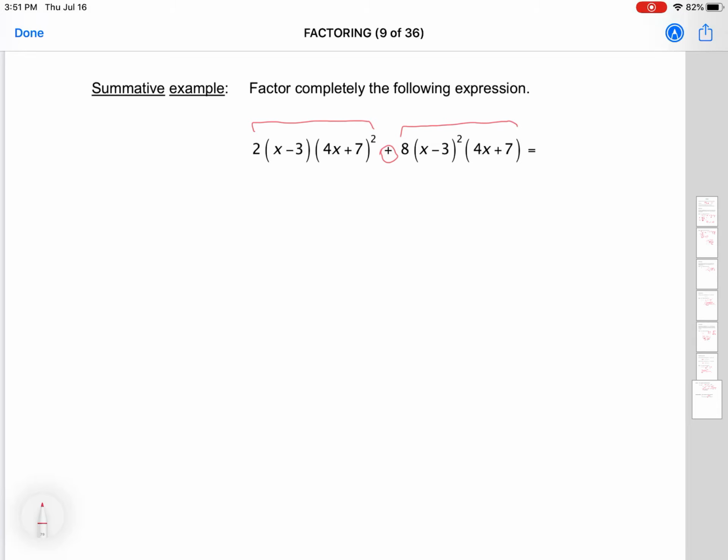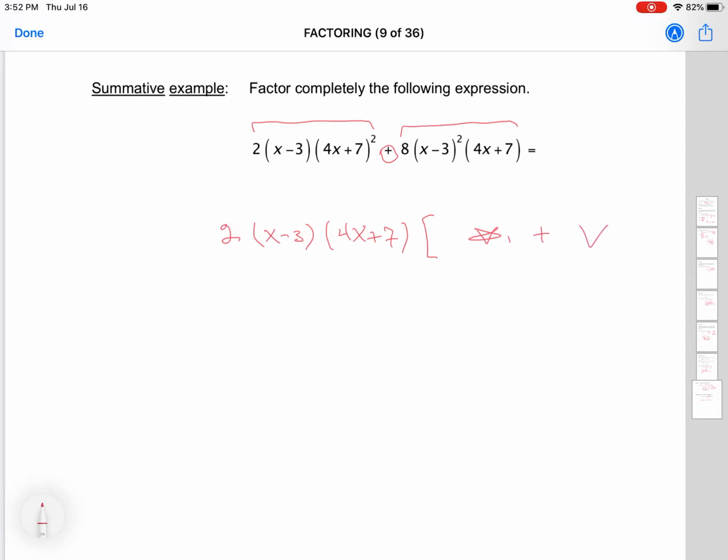What we want to do on this is simple factoring. So what's common to 2 and 8? 2. What's common to x minus 3 and (x minus 3) squared? x minus 3. And what's common to (4x plus 7) squared and 4x plus 7? Always choose the smallest exponent, the 1.